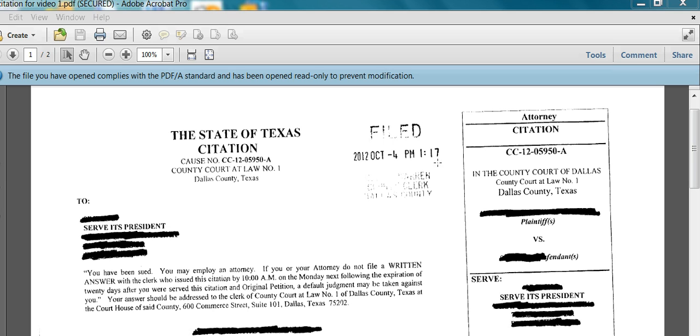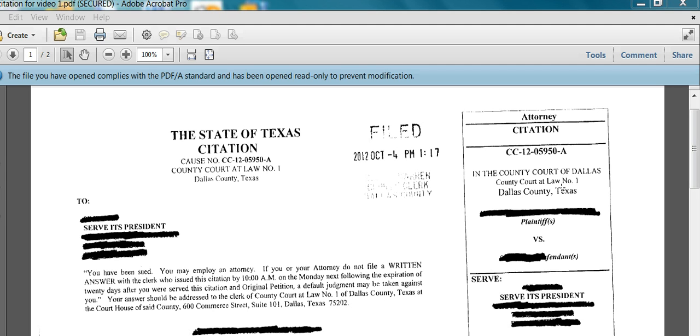If you examine this side of the citation, it tells you the cause number. And we've talked about the cause number in the very first video. Cause number is how the court keeps track of your lawsuit. If you go online and you want to look your lawsuit up, you want to look your file up in those counties that are online, you're going to need your cause number.